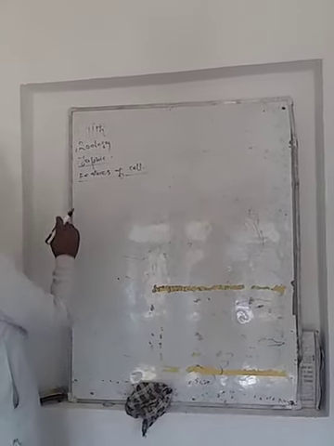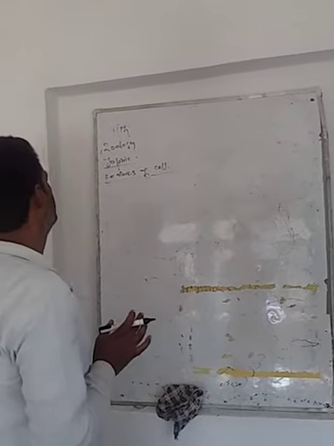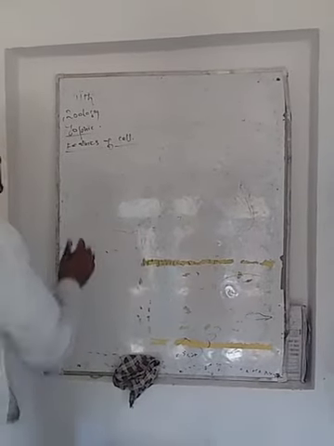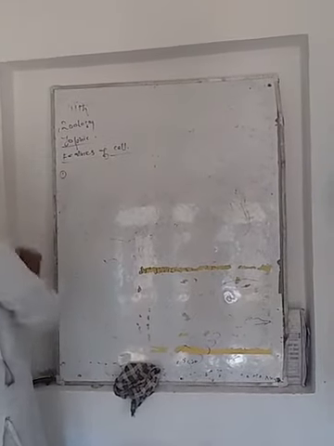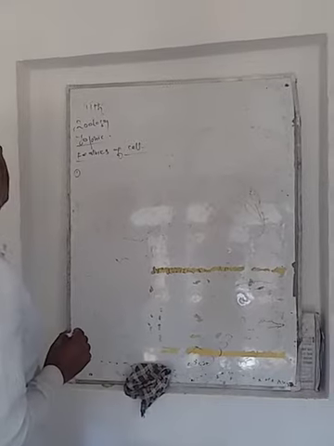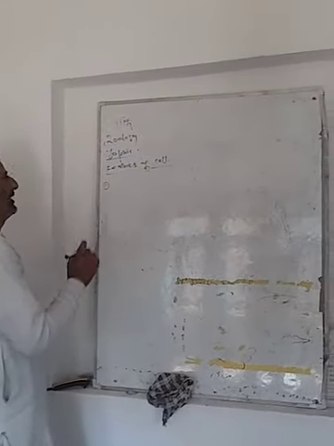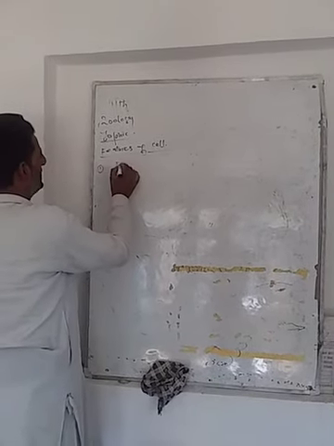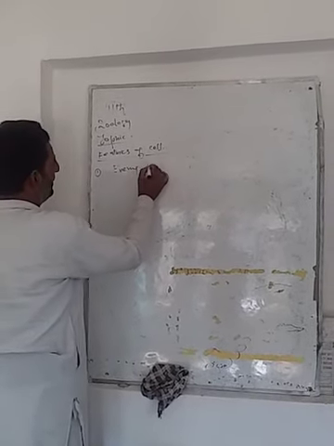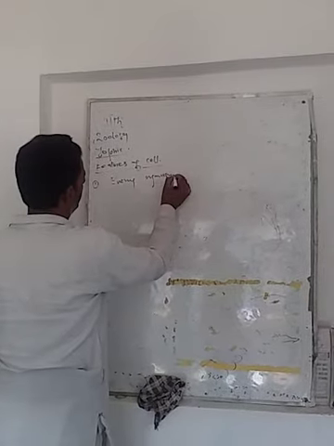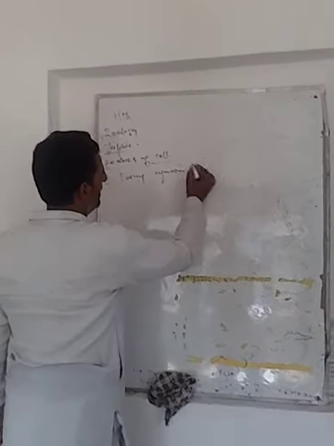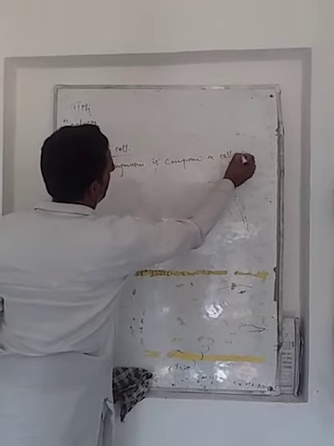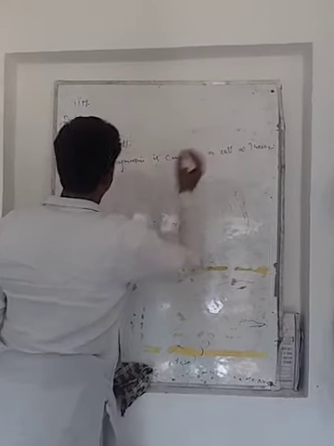Now there are certain features of the cell. There is a modern version of the cell theory and an old version. The first feature, as per the scientists, is that every organism is made up of cells and the products of cells.